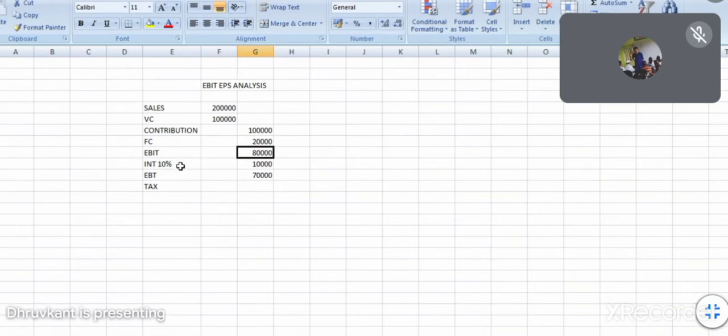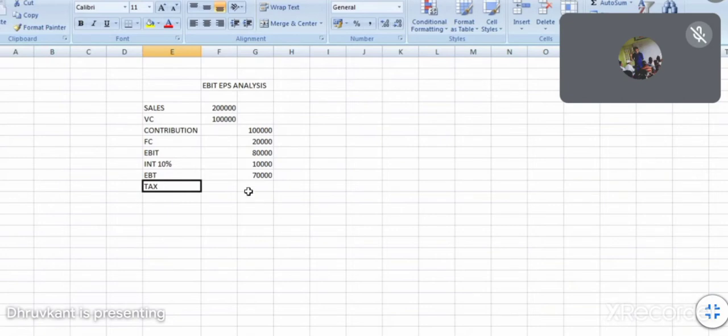So EBT is now 70,000. EBIT is earning before interest and tax.